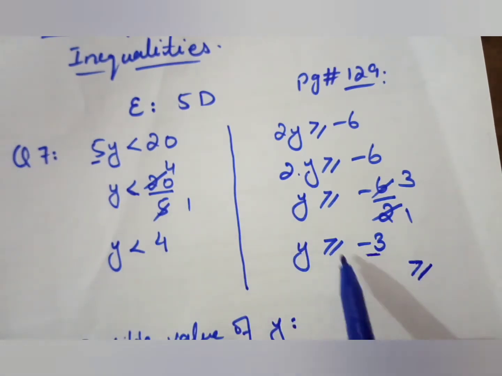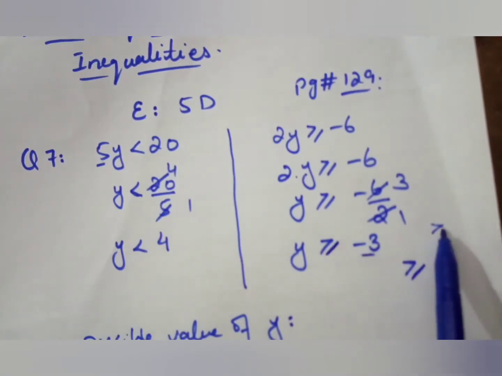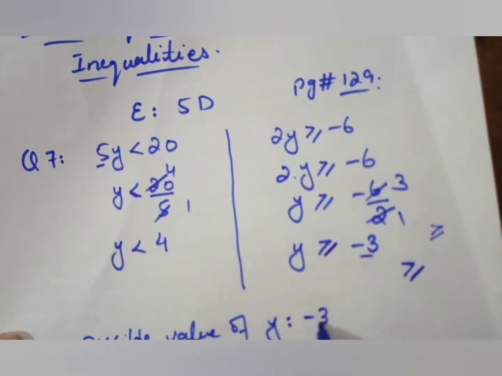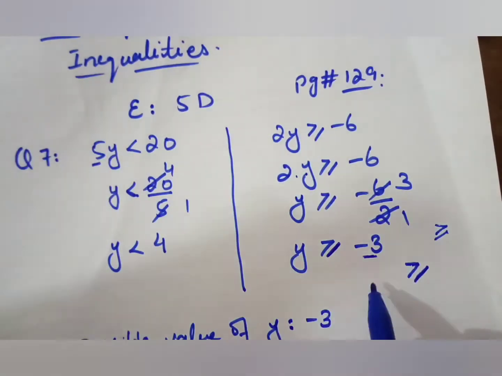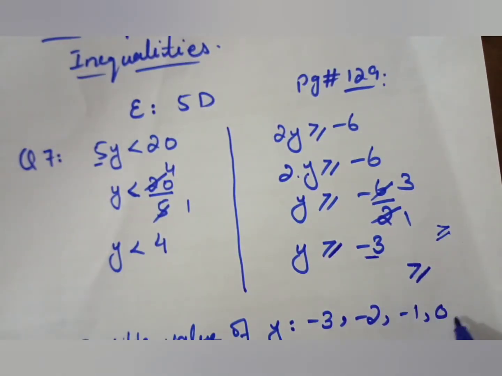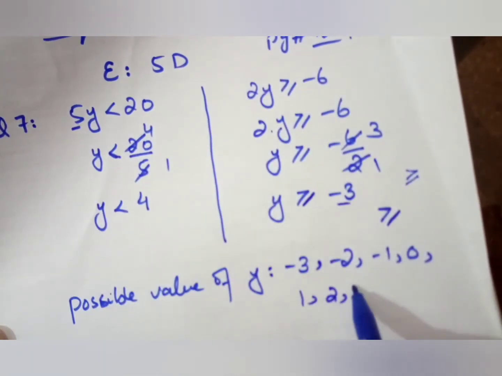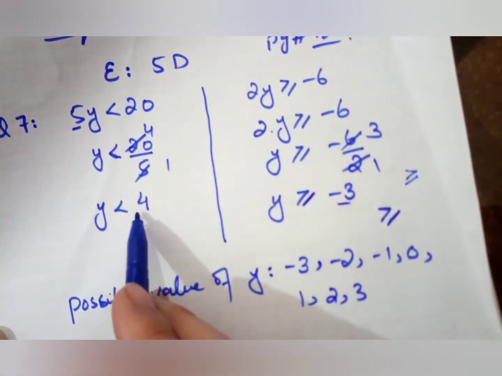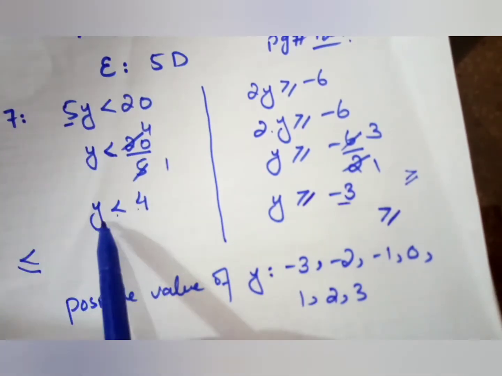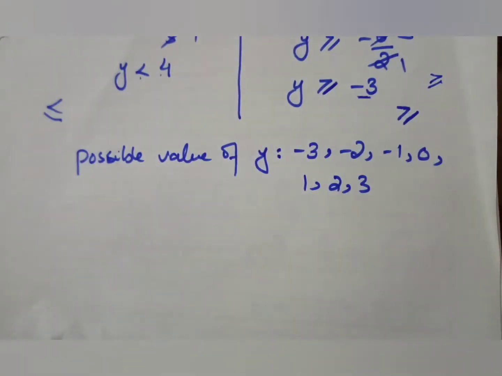When there is only the greater than sign, y is greater than -3. When we have this equal sign, it means y started from -3, so we have the value -3. Then the greater values are -2, -1, 0, 1, 2, 3. We didn't take the value 4 because y is less than 4, not less than or equal to 4. These are the possible values of y.